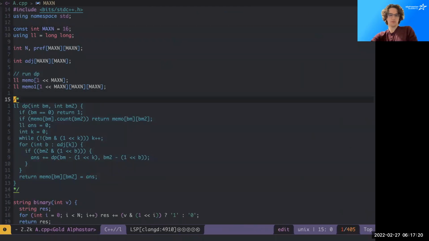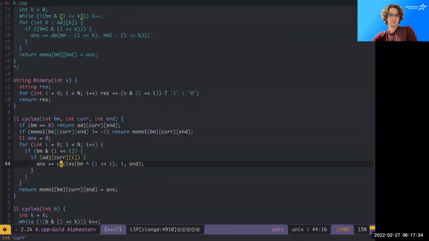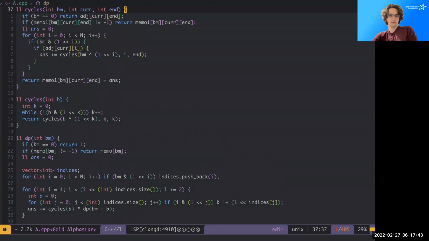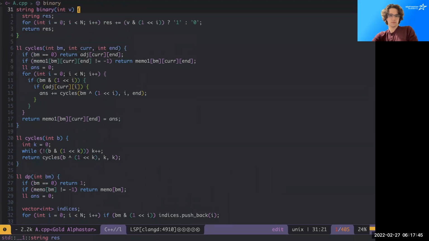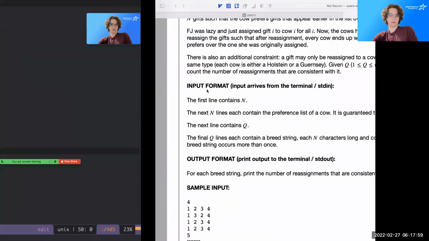Okay, and there's plenty of other efficiency issues we need to deal with. So we end up with one more test case.